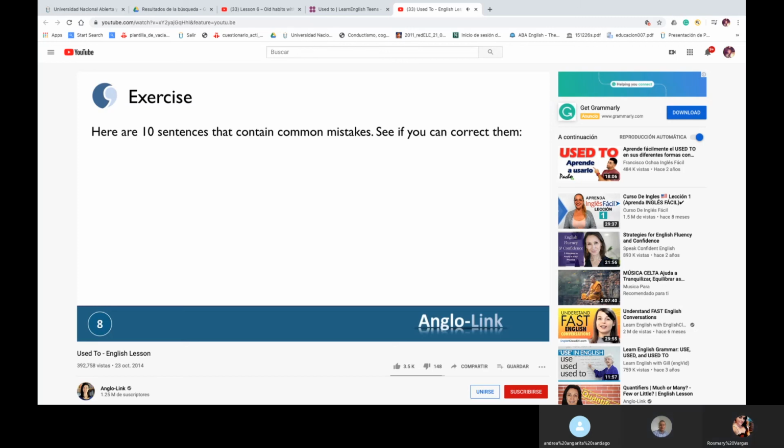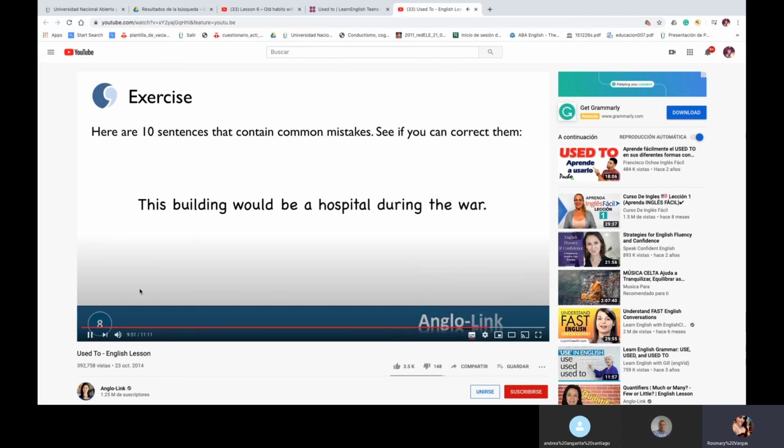Number 8. This building would be a hospital during the war. This one is very easy. Diana, what do we need to change in this sentence? We replace the would with used to.